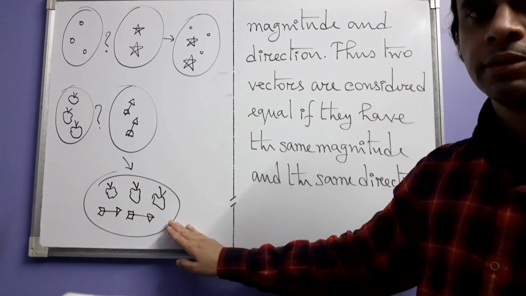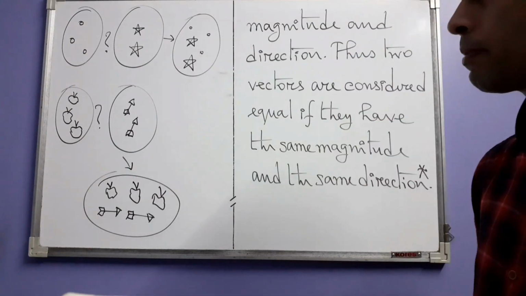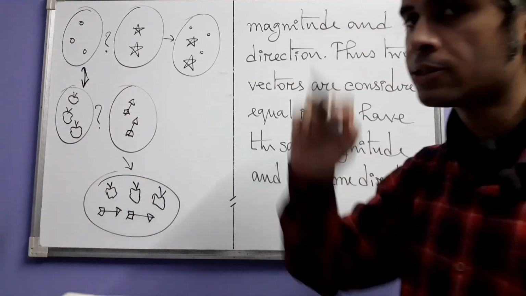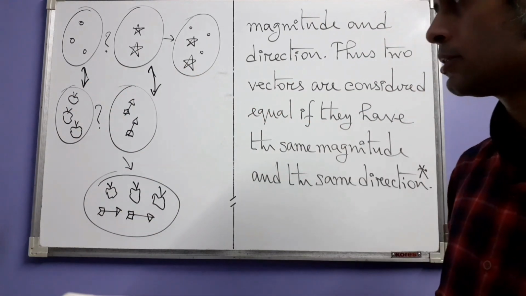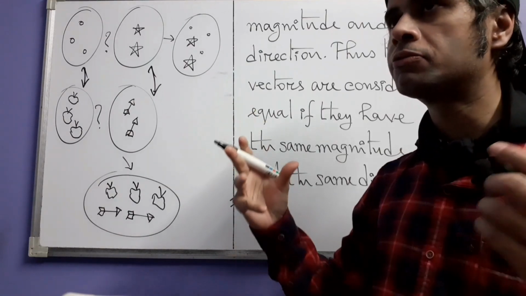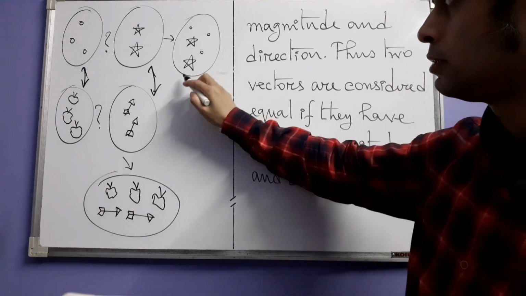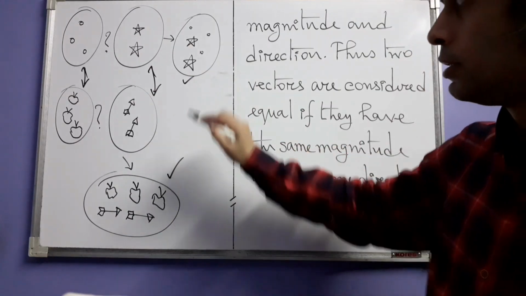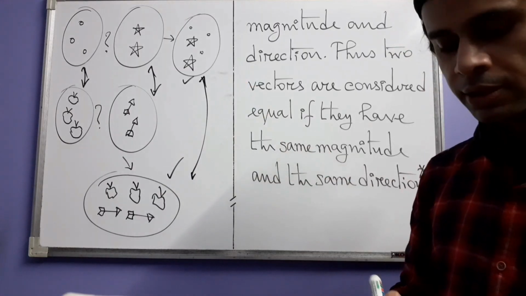They observed that if these two sets have that sameness and these two sets have that sameness, and this operation of mixing the sets together is carried out in both situations, then these two sets also have that sameness.